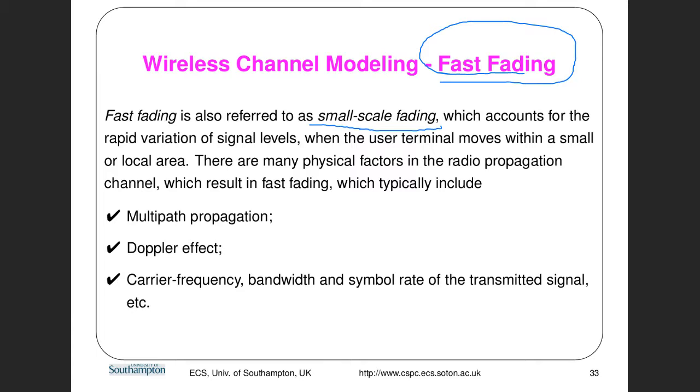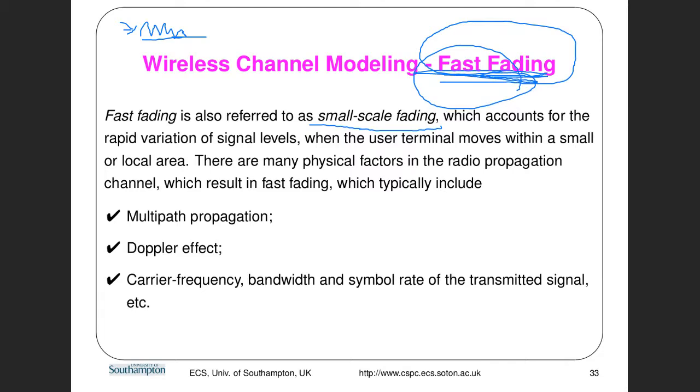As I told you before, the reason it's called fast fading is because when the signals add together, for this level of channel modeling, we need to model both the channel power fluctuation and the phase change. This level of fluctuation changes really quickly.